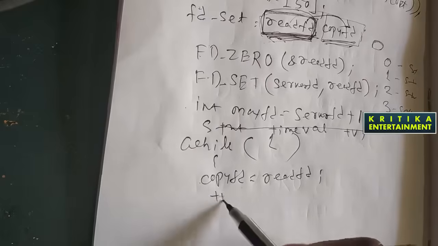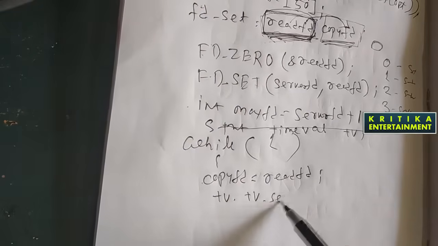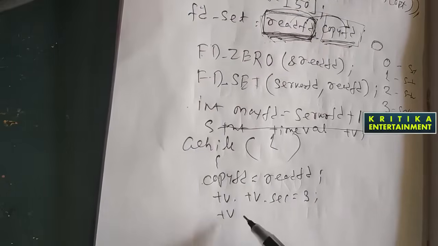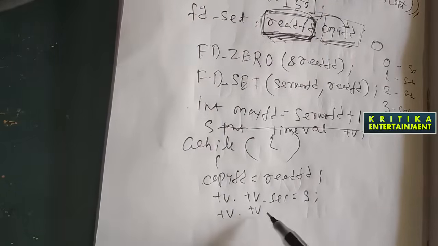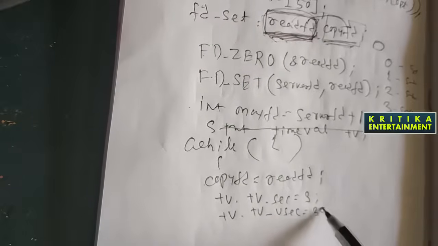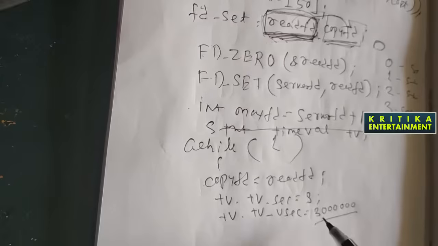Then tv_sec, the time value in seconds, is equal to 3, and tv_usec I will give, that means 3000 milliseconds.